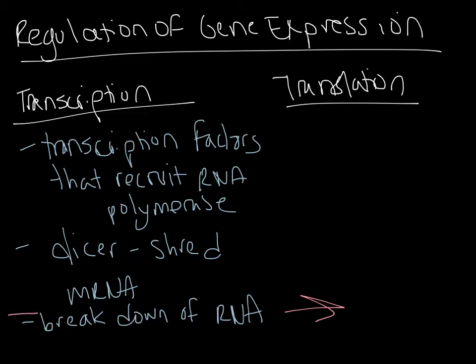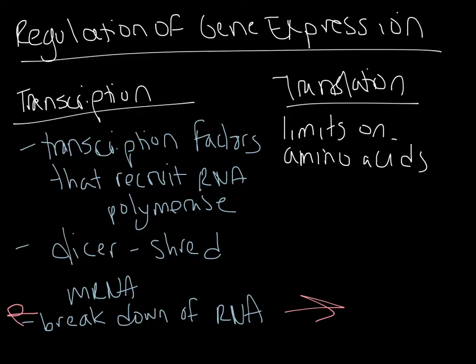If you can prevent mRNA from being transcribed, you can also have factors such as limits on amino acids, or blocks in your ribosome. There are different ways to stop and start gene expression.